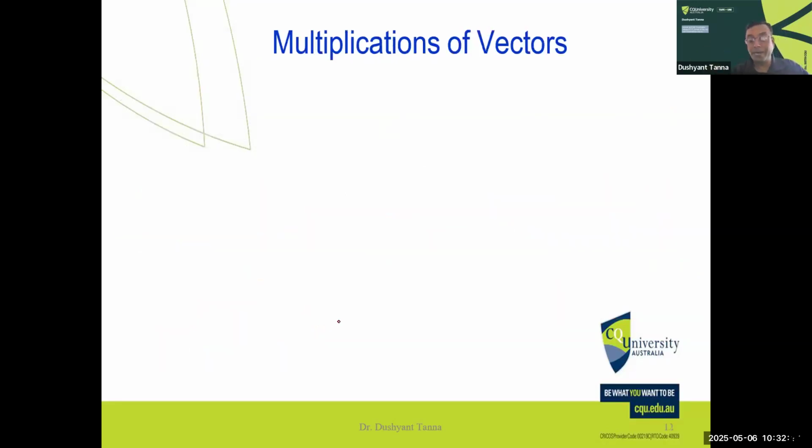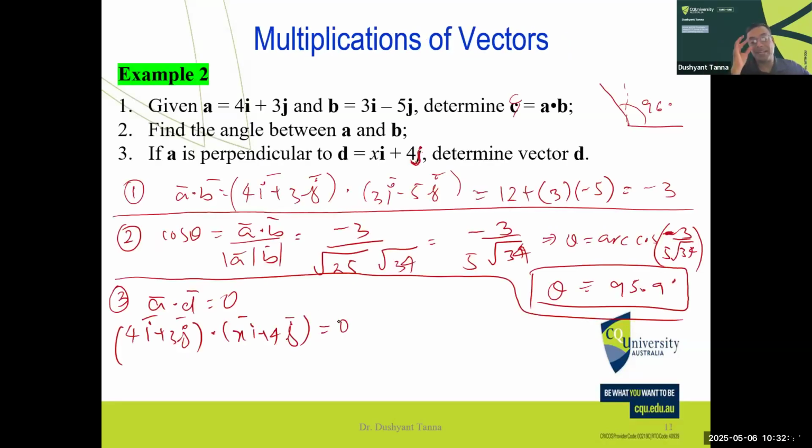Is 0. Don't write a 0 vector there, yeah? Because it's a scalar, so you don't know the vector over there, okay? So that will be, can I say 4x plus 12 is 0? And if 4x plus 12 is 0, x is minus 3.